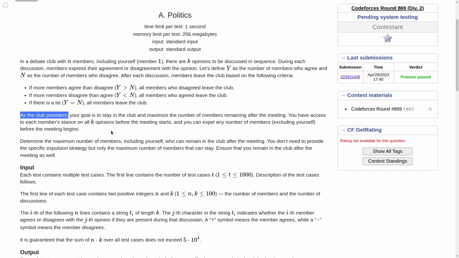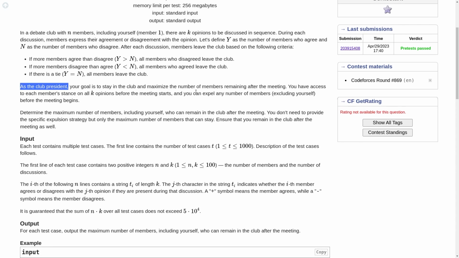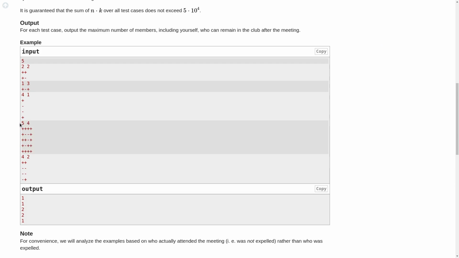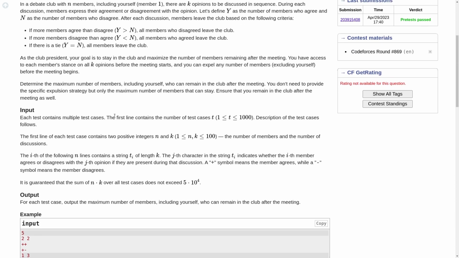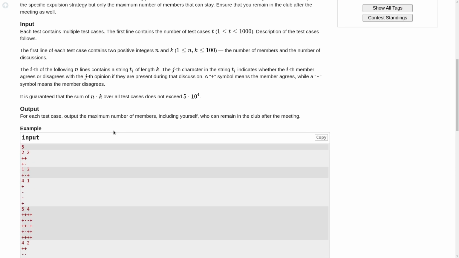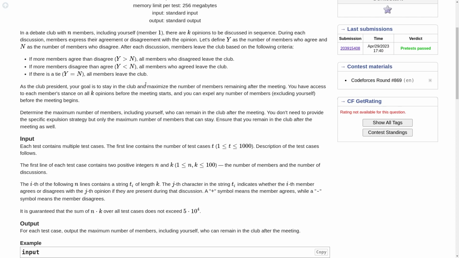The first member is the president, and he or she has to stay in the club till the end. Now we have to maximize the number of members remaining after the meeting, and at each step we are allowed to remove any members on our own. I'll explain all this information with the help of a test case. I believe that's all the information the question gives us.